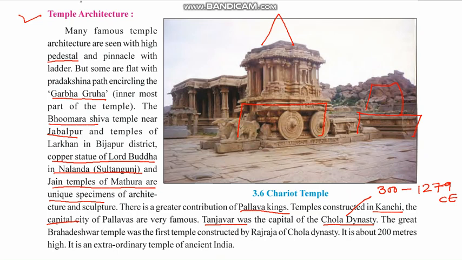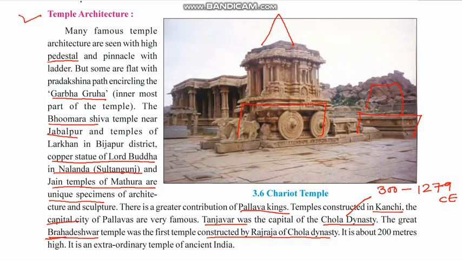But at the same time they made great developments in those times. The great Brihadeshwar temple was the first temple constructed by Raja Raja Chola of the Chola dynasty.